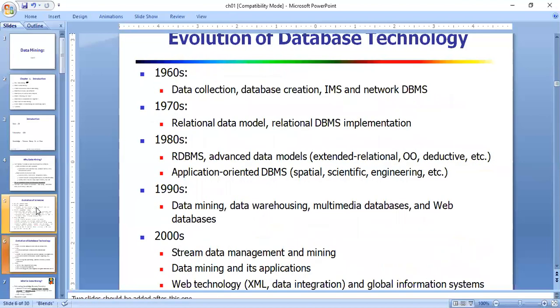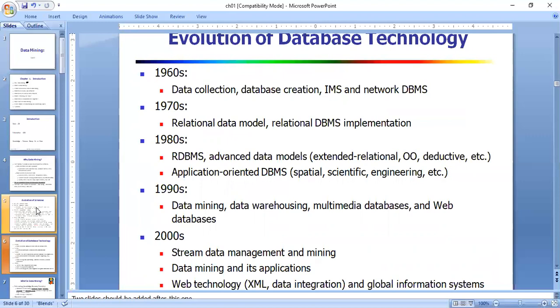Next is the evolution of database technology. In the 1960s, data collection, database creation, information management systems, and network DBMS were available. In the 1970s, the relational data model and relational DBMS were implemented. In the 1980s, you come across advanced concepts like object-oriented concepts.